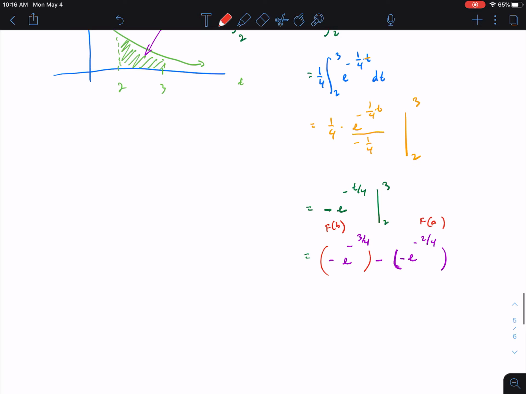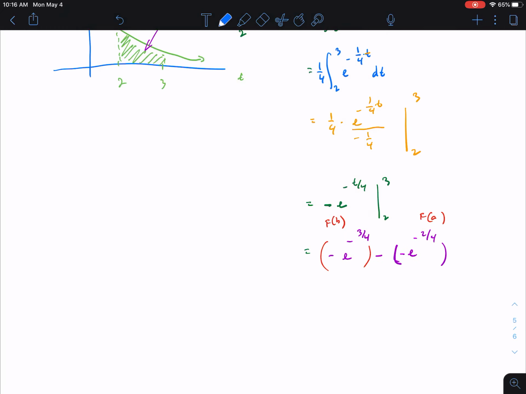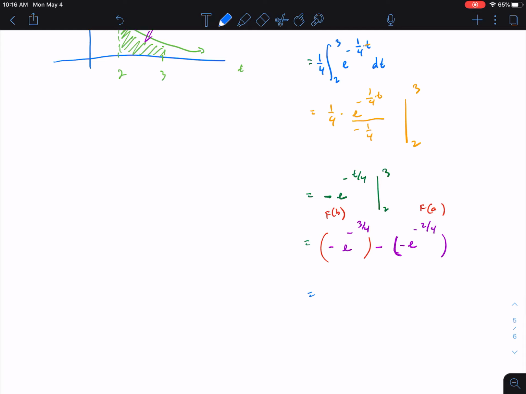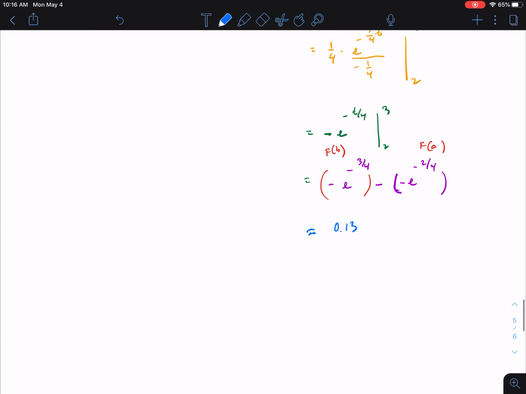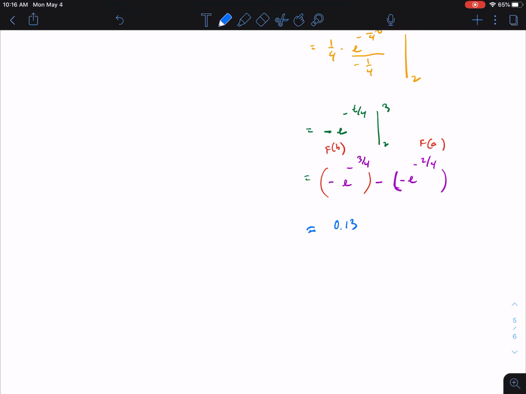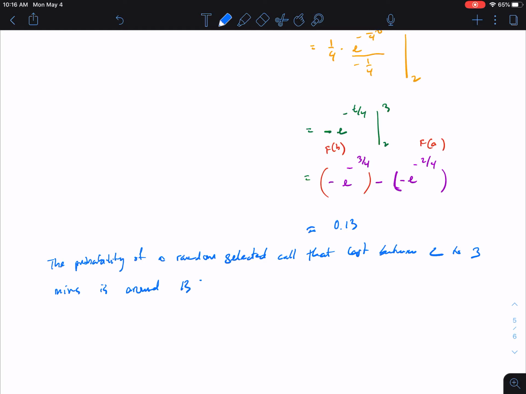If we do this correctly using our calculator, we should end up getting approximately 0.13. So we say that the probability of a randomly selected call that lasts between 2 to 3 minutes is around 13%.